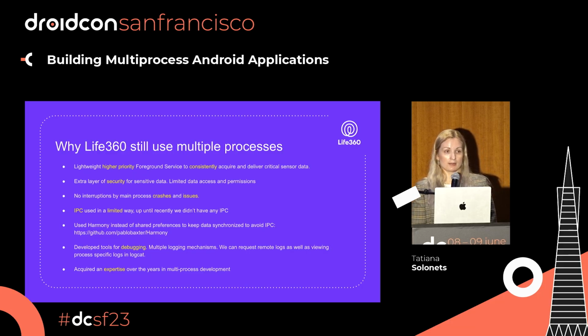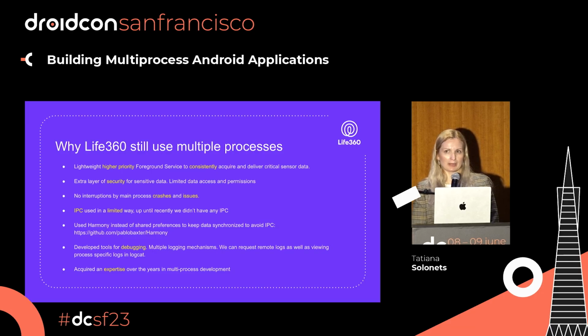And another point, in relation to debugging, we developed our own debugging tools. We have multiple logging mechanisms. And basically, we can request logs remotely from any user from multiple processes. And that just works.